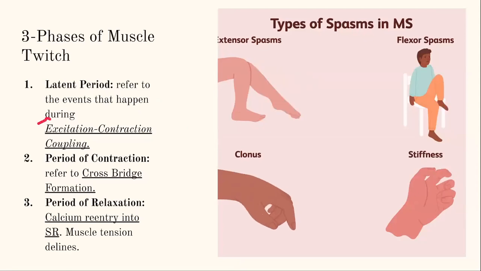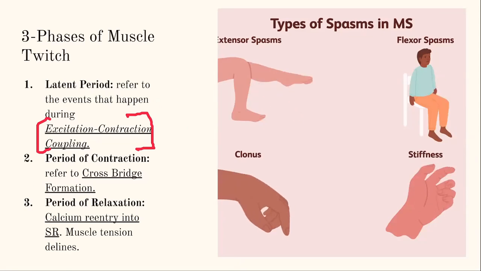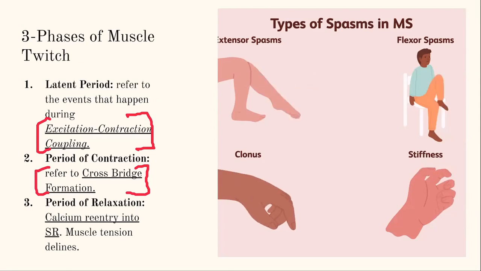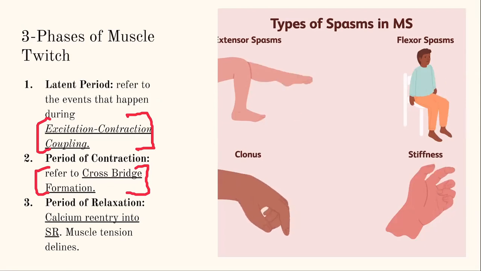So the latent period consists of the events of the excitation contraction coupling. And then two, you have the period of contraction, and this is going to refer to the cross bridge formation, where the myosin head connects to the actin filament. And then you have three, the period of relaxation. This is just where calcium begins to re-enter into the SR, or the sarcoplasmic reticulum.